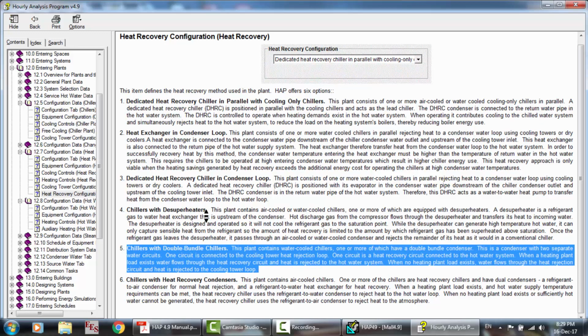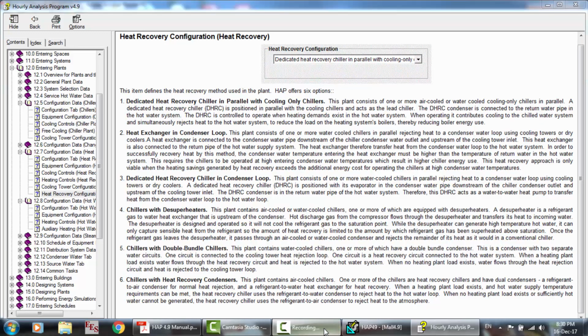This plant contains water-cooled chillers, one or more of which have a double bundle condenser. This is a condenser with two separate water circuits. One circuit is connected to the cooling tower heat rejection loop. One circuit is a heat recovery circuit connected to the hot water system. When a heating plant load exists, water flows through the heat recovery circuit and the heat is rejected to the hot water system. When no heating plant load exists, water flows through the heat rejection circuit and the heat is rejected to the cooling tower loop.